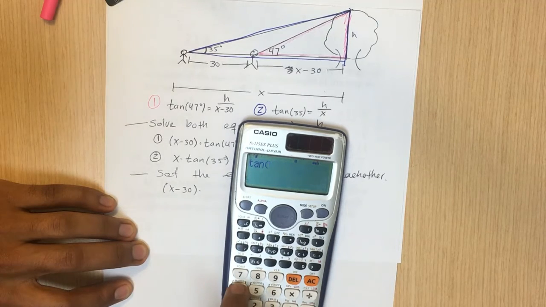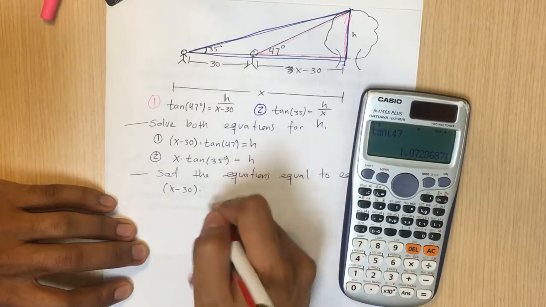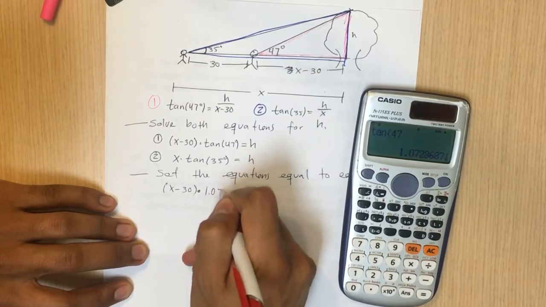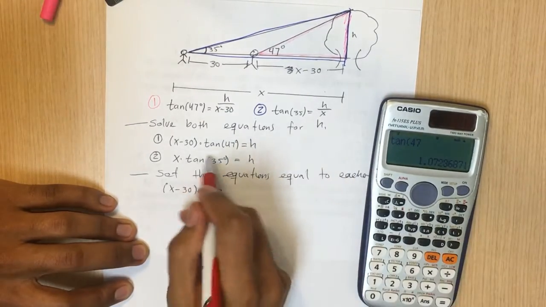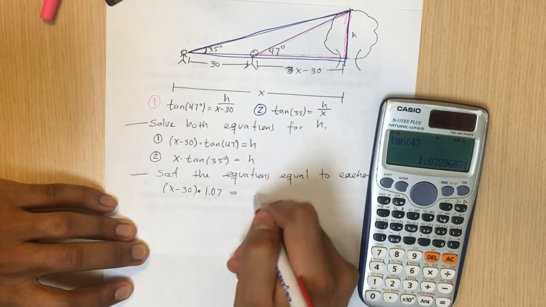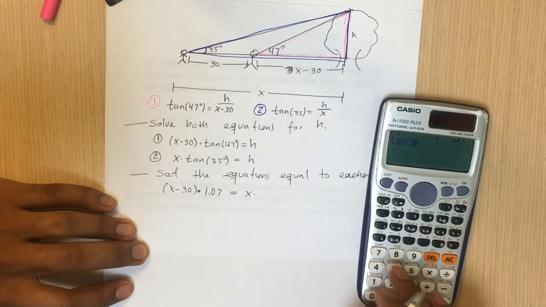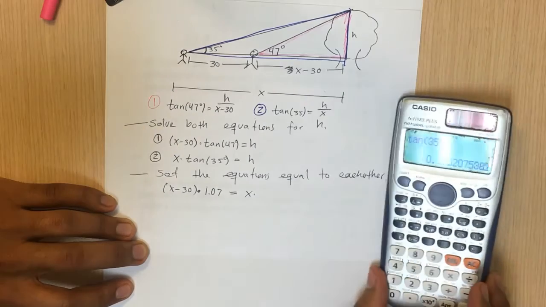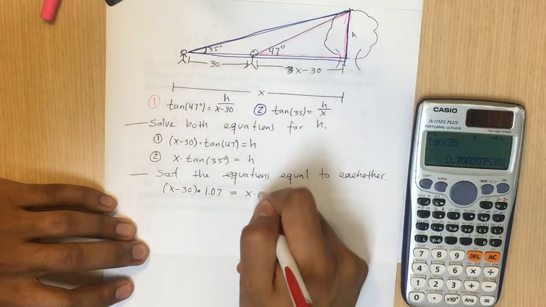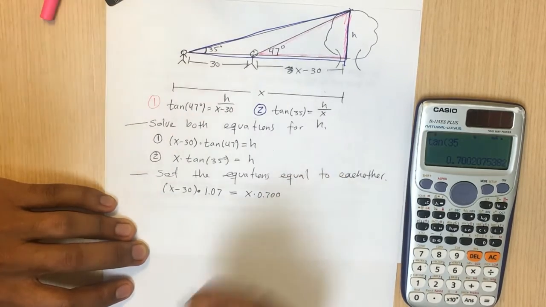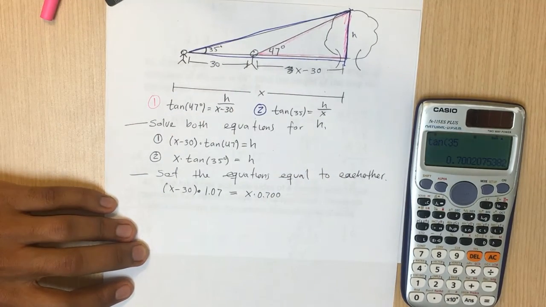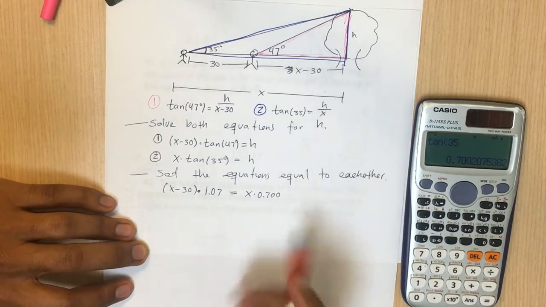So tangent of 47 is 1.07, so I'm just going to write that in there so I don't have to keep writing tangent 47 all the time. And that is equal to x times tangent of 35, which is 0.700.